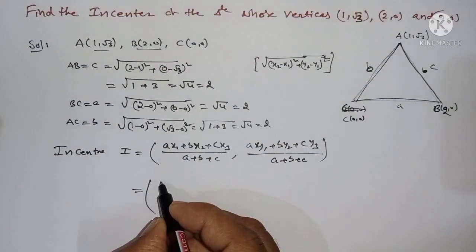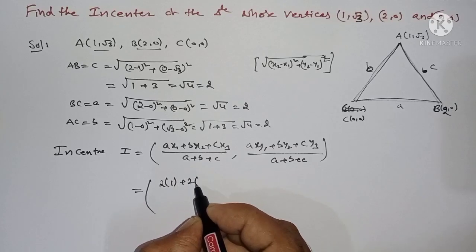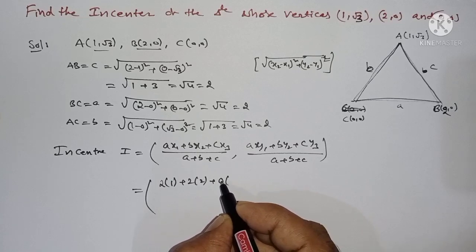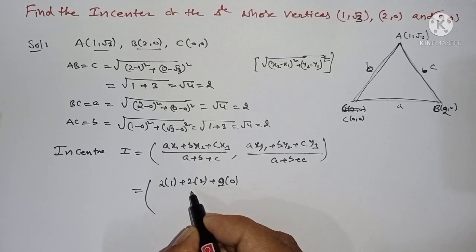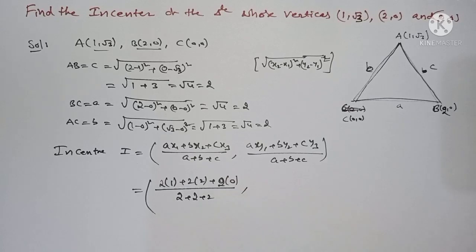You can observe here 2 of 1, 2 of 2, 2 of 0, divided by 2 plus 2 plus 2.